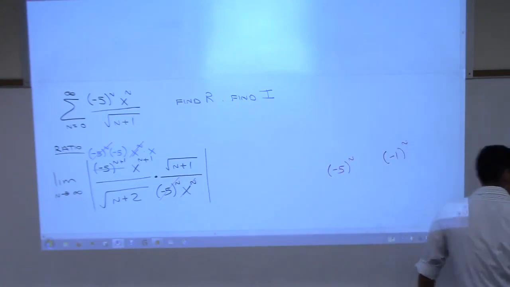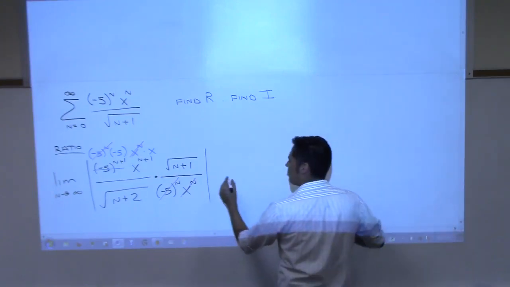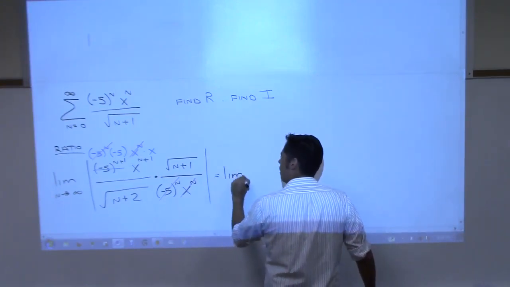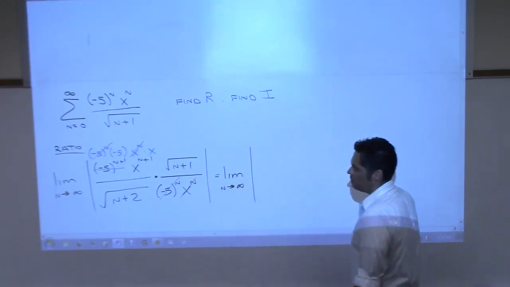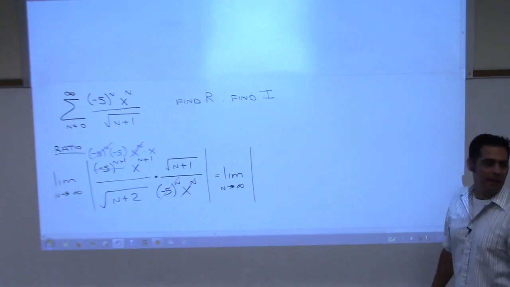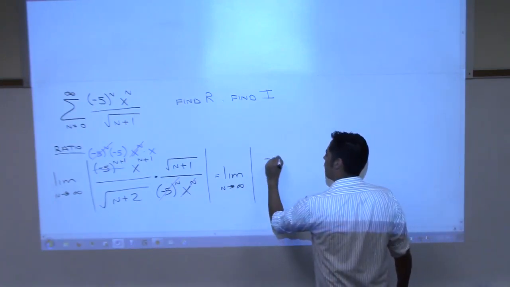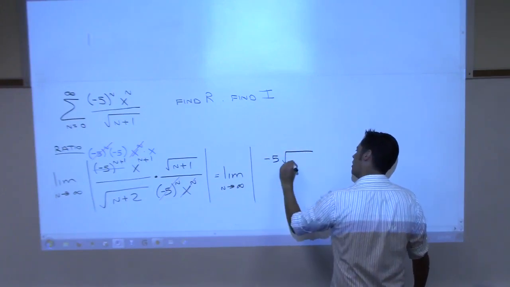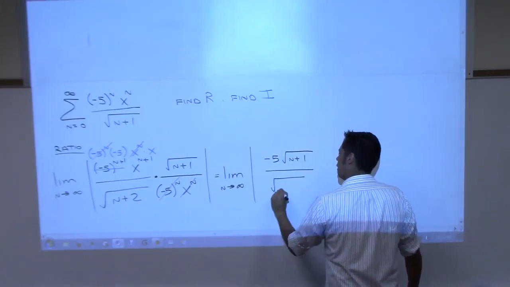All right, now let me rewrite this limit. I should have stuff with x's and stuff with n's. So let's do the n stuff first. Negative 5 to the n times root n plus 1 over root n plus 2.